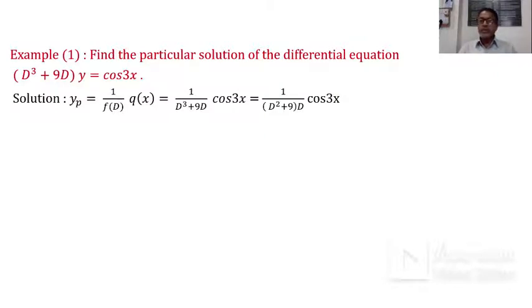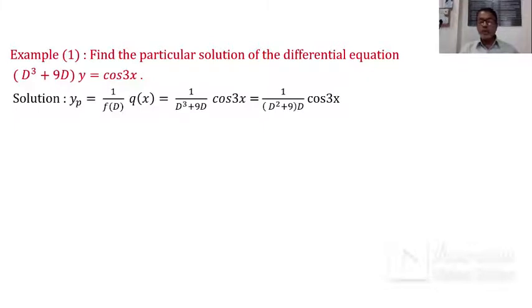Therefore, we know that yp is equal to 1 upon f of D operate on Q of x. Here Q of x is cos 3x and f of D is D cube plus 9D. Therefore, we write 1 upon D cube plus 9D operate on cos 3x.